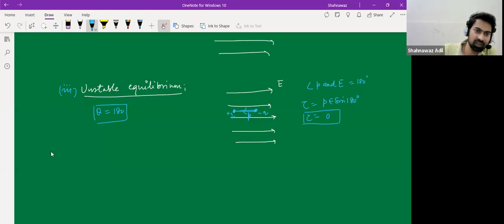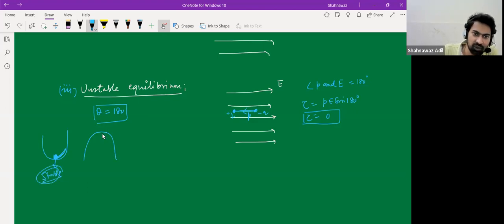Just remember this diagram. So you have this diagram and you have this diagram. So let's say that you move this bead in here, right? If you move this bead in here, it will come back to its initial position. So this is called the stable position. Understood, guys?